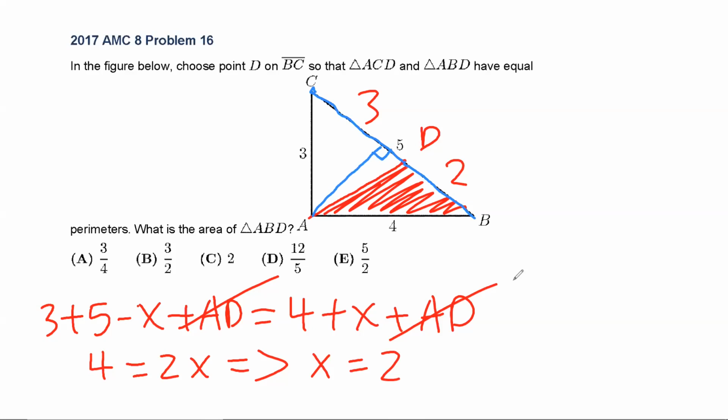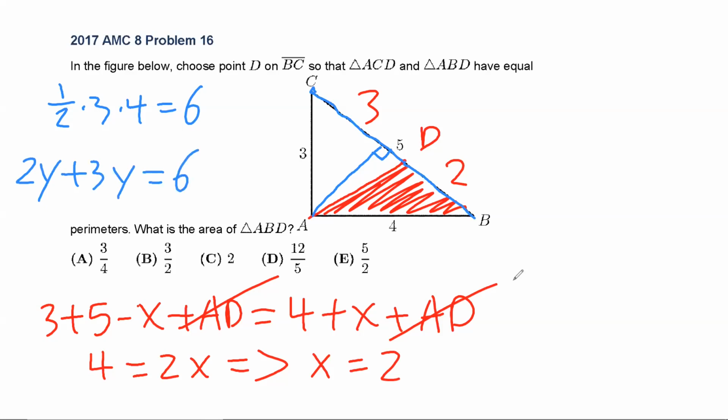So the area of the entire 3, 4, 5 triangle is 1/2 times 3 times 4, which is equal to 6. And if you're trying to split the areas of the triangles into 2 to 3, then that would mean that 2 times y, for example, plus 3 times y would equal 6.